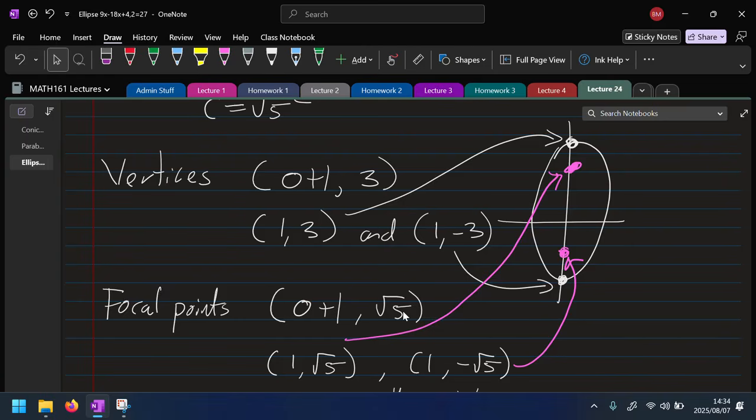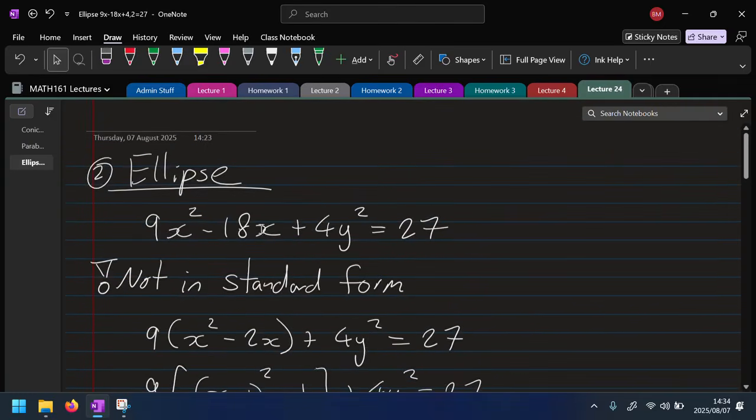Yep. Question asked us, sketch the following function. Yeah. You'll get something like this, something like that, and the thing will say, sketch this. Okay.